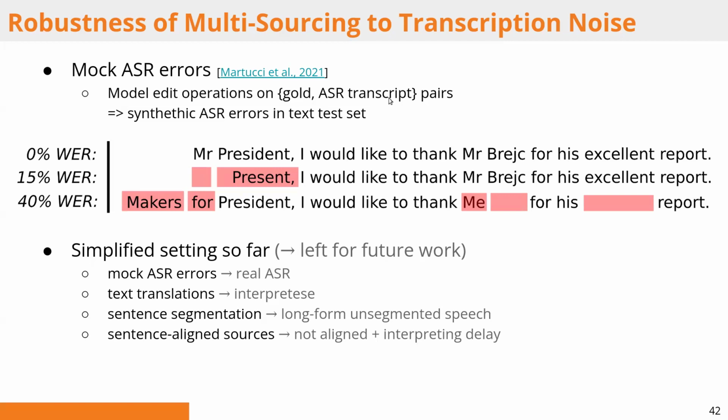So it learns to shuffle some homonyms, for example, president and present, or it can shuffle 8 as a digit and 8 as a verb. So it's realistic, and we adapted it so that it can generate any level of word error rates. And we inserted these errors into the text test set. But of course, I already told that, and we use text translation. So this setup is simplified so far, but it helps us to show the robustness.